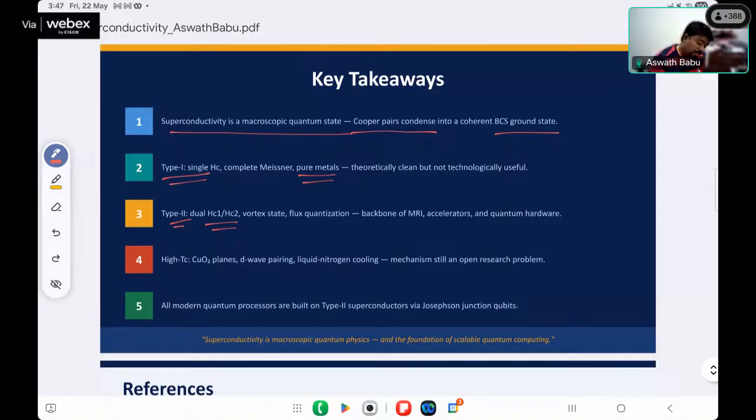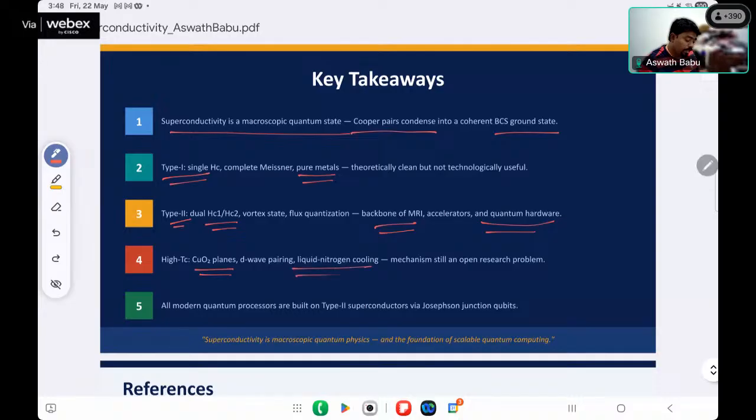with a few magnetic field lines going through the material. It is the backbone for MRI technology, accelerators like the LHC, and quantum hardware like transmons. Okay, and high temperature superconductors: copper oxide planes, d-wave pairing, liquid nitrogen cooling.